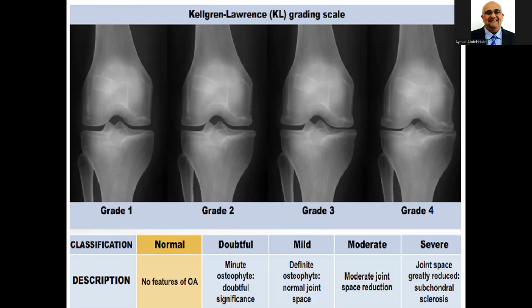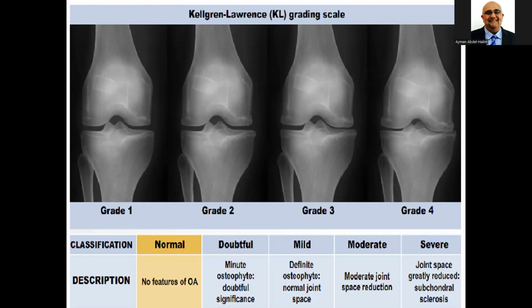Anyway, the Kellgren-Lawrence grading scale helps us plan the therapy here. For grade 4, which is bone on bone, usually we proceed with the usual medications, plus we do radiofrequency.